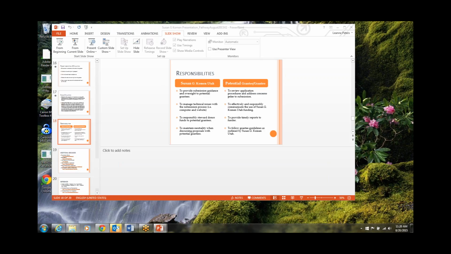And so we're going to talk about the responsibilities just to kind of cap everything off today. As a grantee, I'm going to start with that side, it's your responsibility as a grantee. And I put responsibilities because it's important. I'm not always reminded because I'm so engrossed in the grant writing process. I'm like, I need that $12,000 for this program. But what I have to remind myself is somebody donated that money, and especially to Coleman.